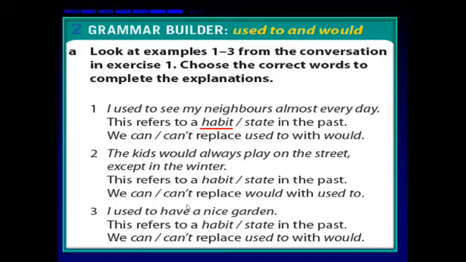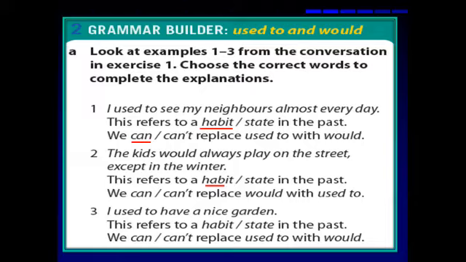We can replace used to with would here because, as you know, used to is used for both habits and states in the past, but would is used with past habits only. I can't use would with past facts.